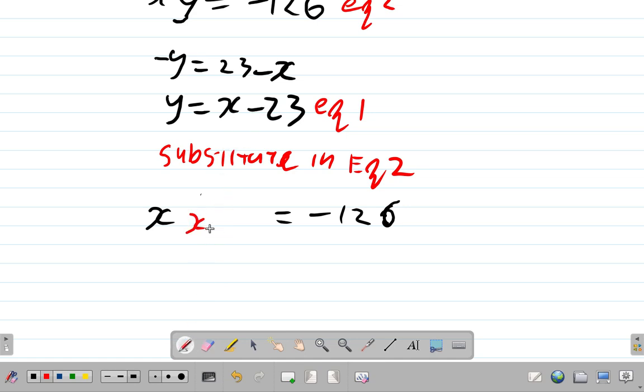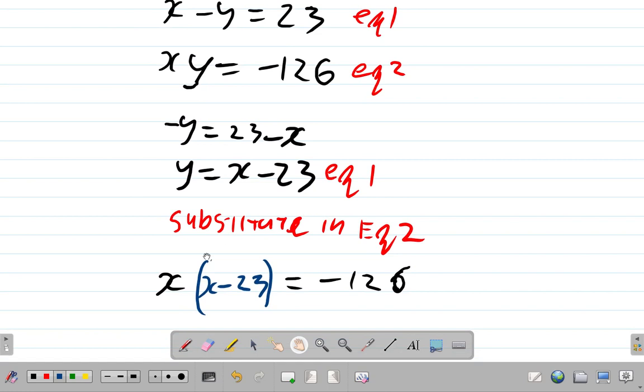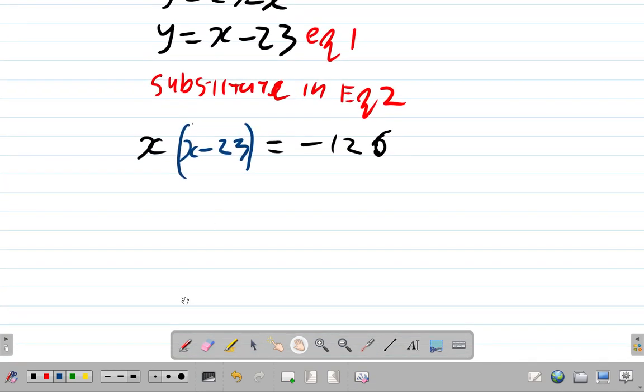So we have x times x minus 23. This is the original x that we had, and the y is x minus 23, according to what we have here. Now we notice we have only one unknown in this equation, so we can solve it.